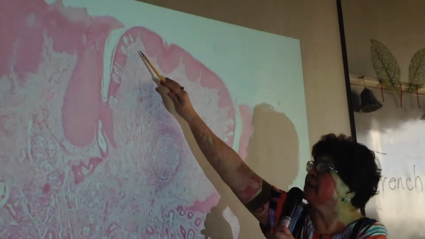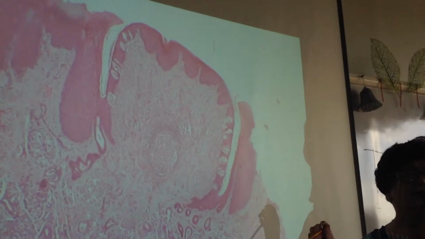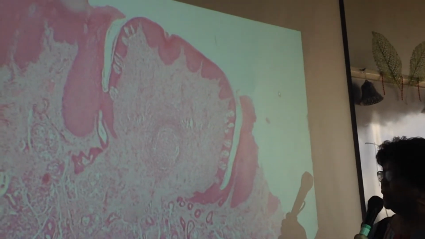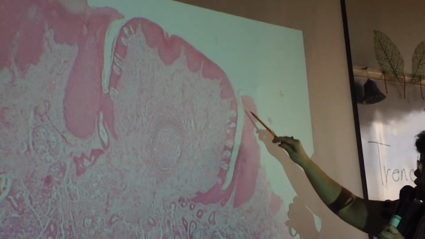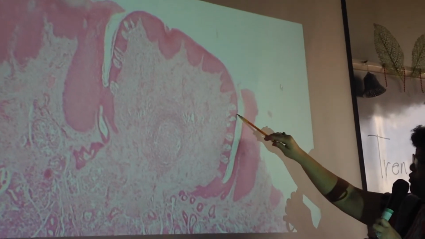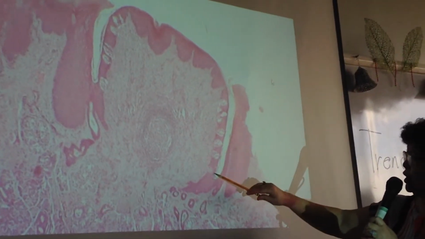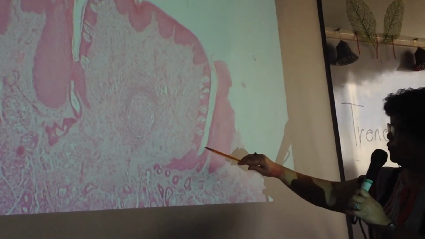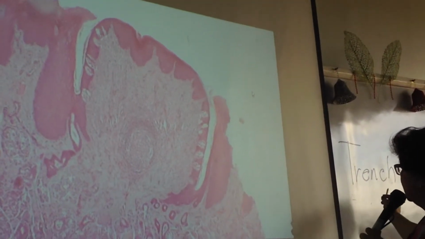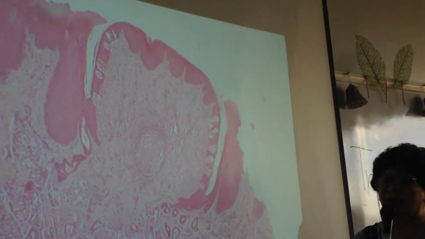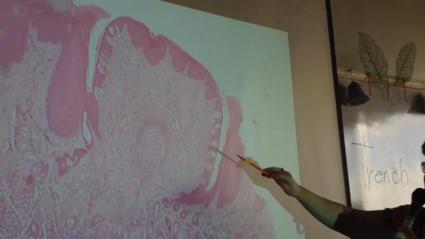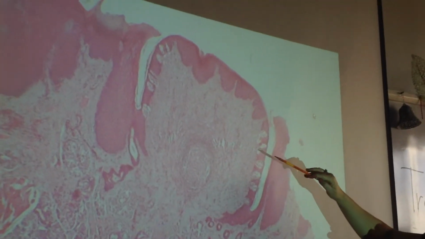These are your taste buds. Then the invagination of the epithelium into the lamina propria will form what you call your troughs.